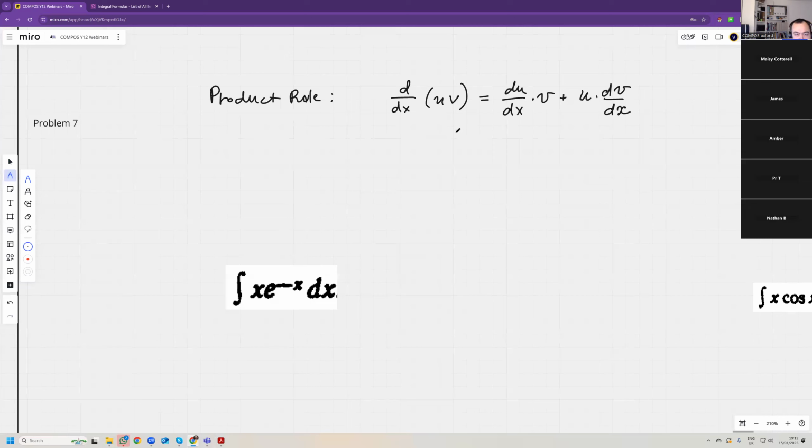Okay. Now, if I make, I can write u dv dx as d dx of uv minus v du dx.